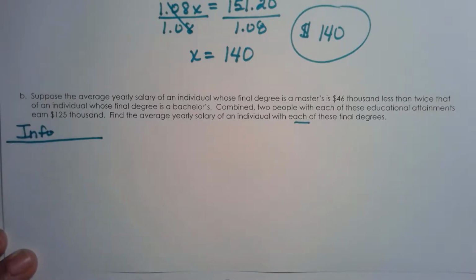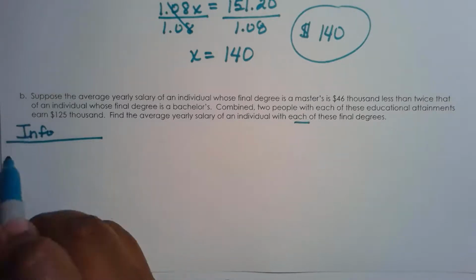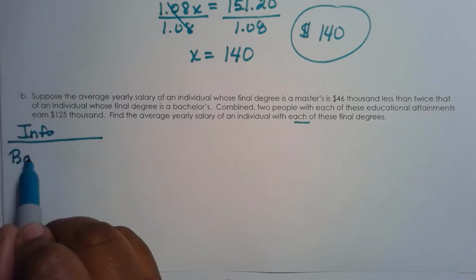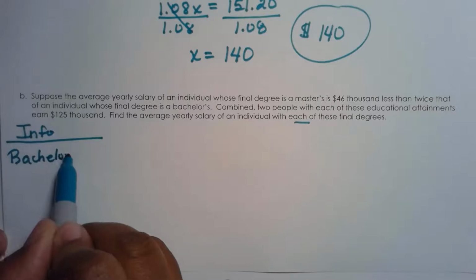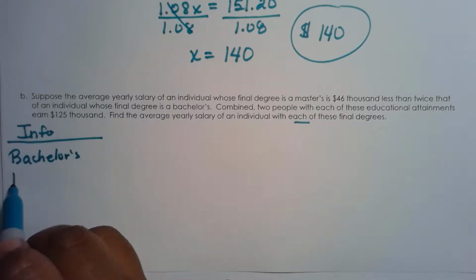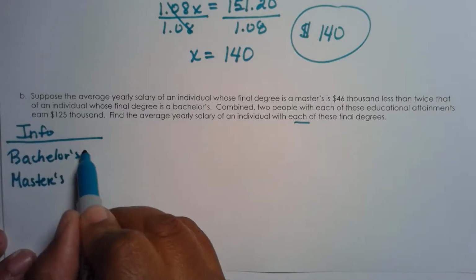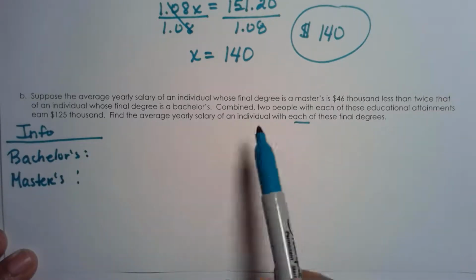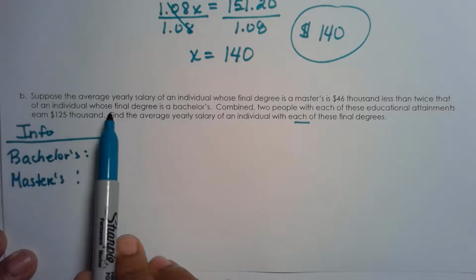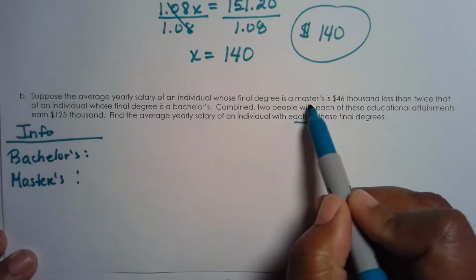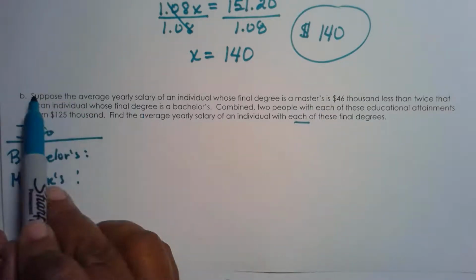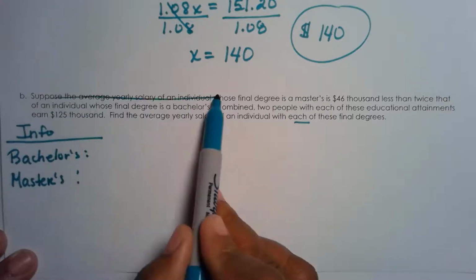So we have here two types of degrees in this story: bachelor's, and master's. Let's look at the first sentence. We can cross out everything here, just some information that's needed.